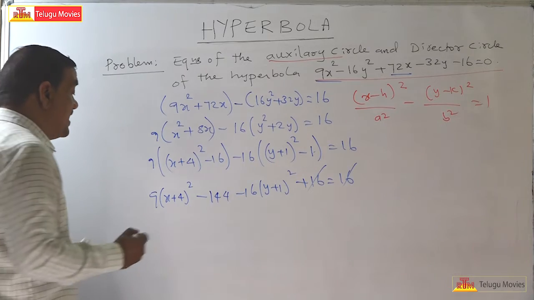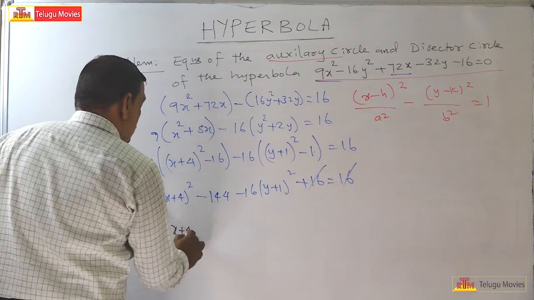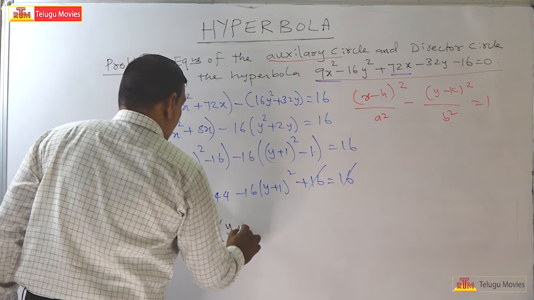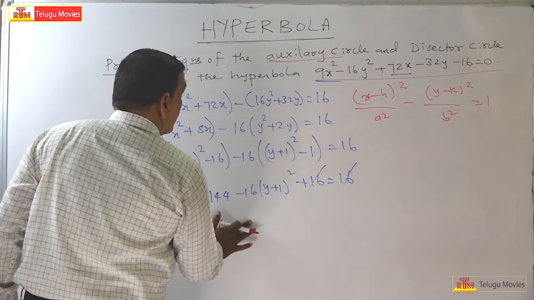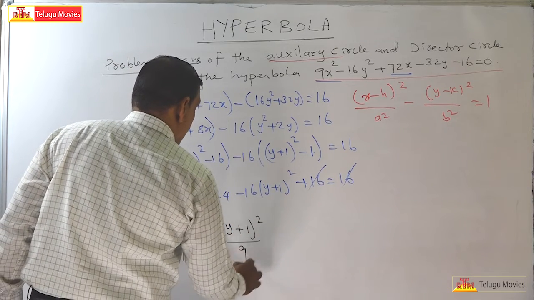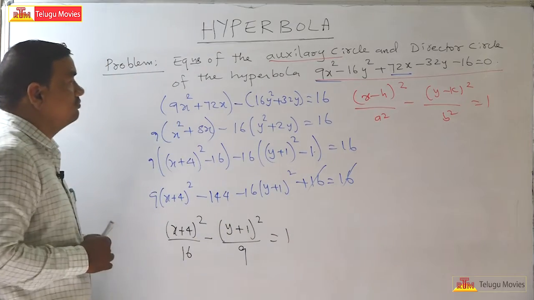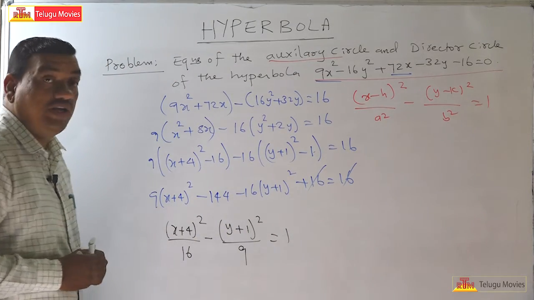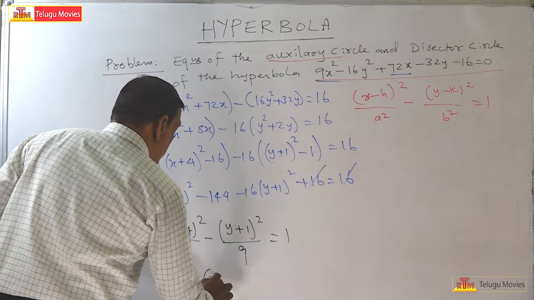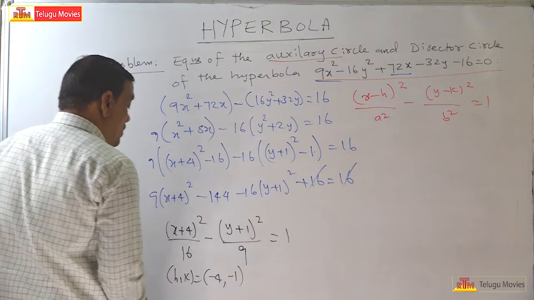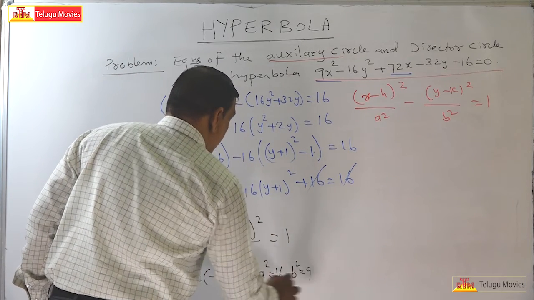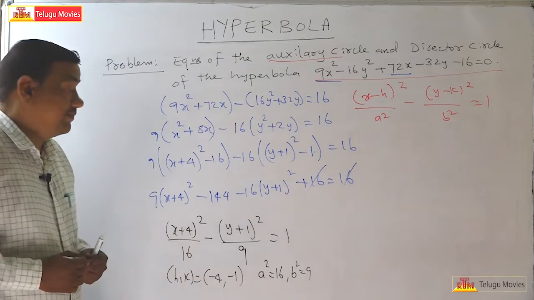So you can write it as x plus 4 whole square by 16 minus y plus 1 whole square by 9 is equal to 1. Here h comma k is minus 4 comma minus 1. Your a square value is 16, b square value is 9, so a is 4, b is 3.